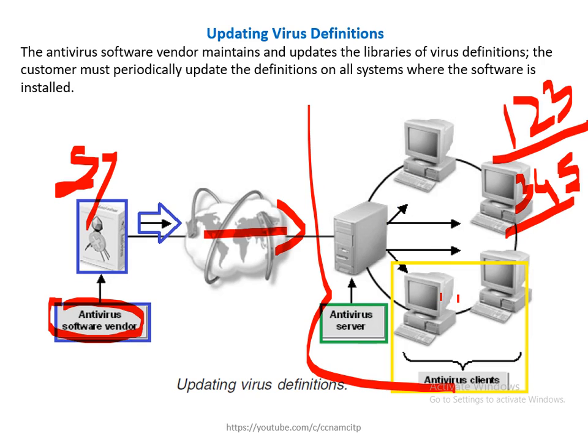So everything is up to date. That is known as updating virus definitions. If any virus comes, this kind of virus can attack, my system will be ready for that, and this can be the solution. So my system, my server, and my network are ready to face that kind of challenge. That is known as updating virus definitions.